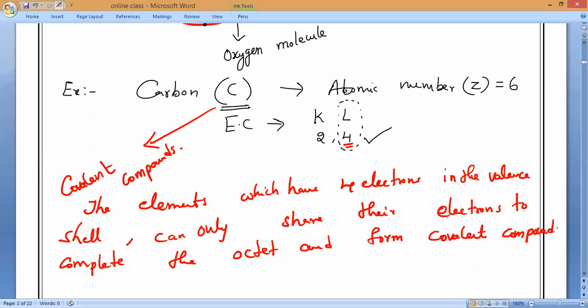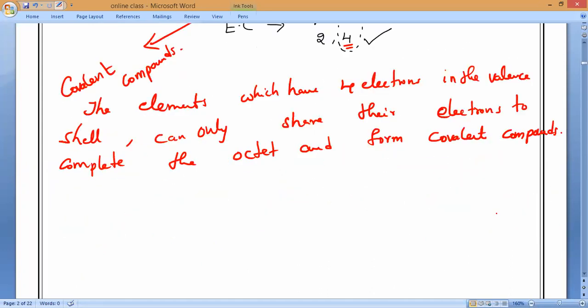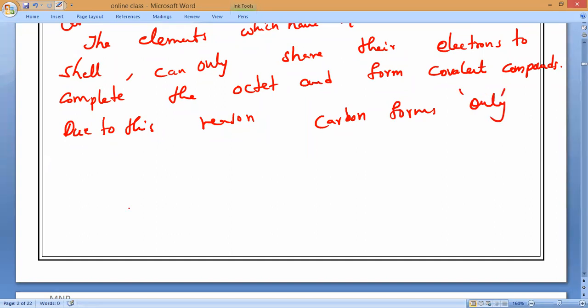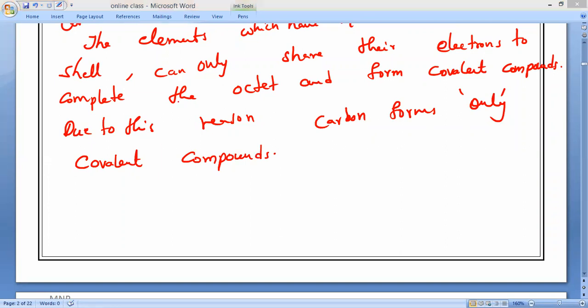Is it okay, everybody? Yes. Due to this reason, carbon always forms what compounds? Only covalent compounds. That's all it is. Is it clear, everyone?